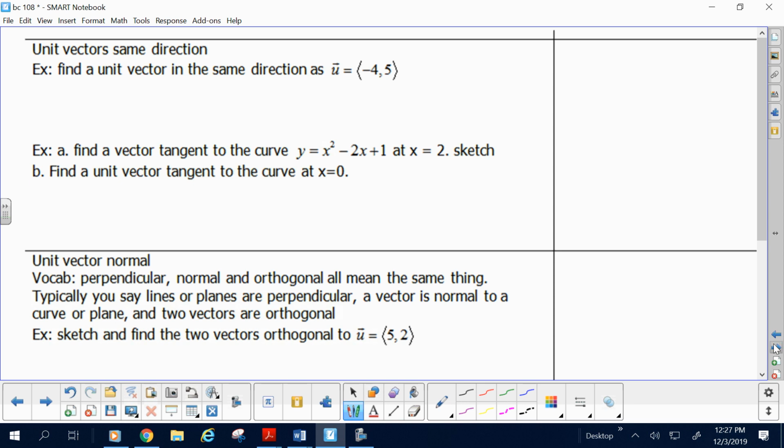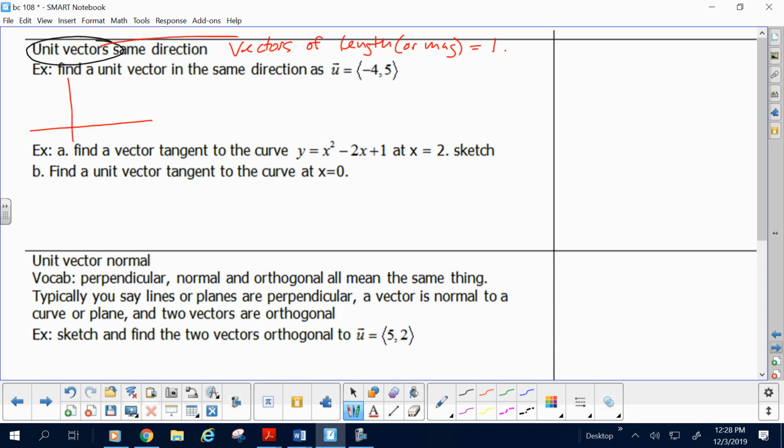Unit vectors in the same direction. Find a unit vector in the same direction. Unit vectors are vectors of length or magnitude equal to 1. Let's think of it this way. Think of this visually here before we find it.